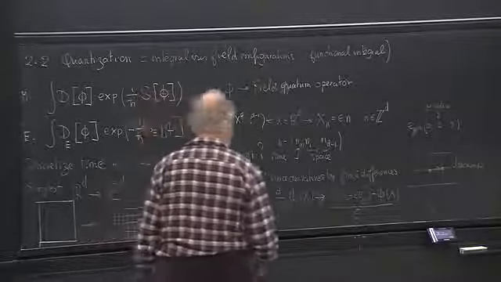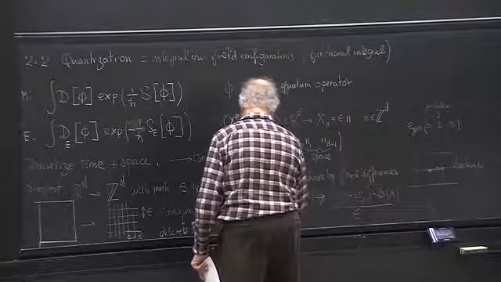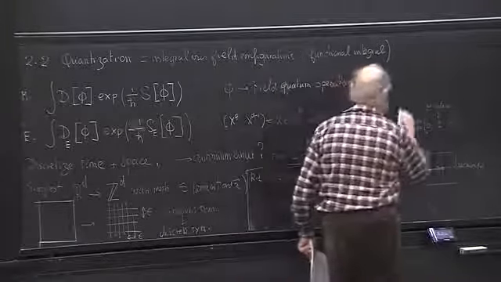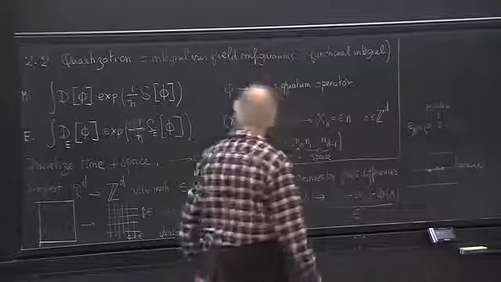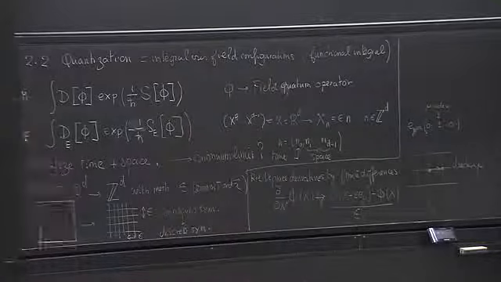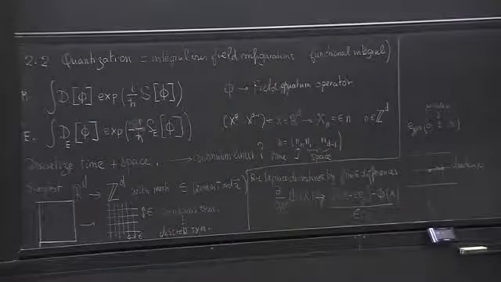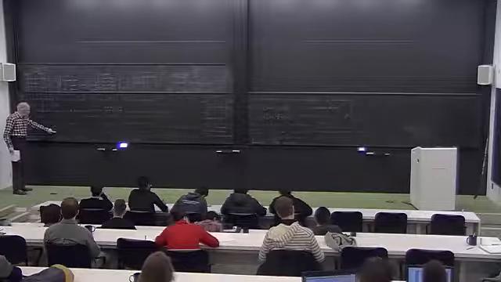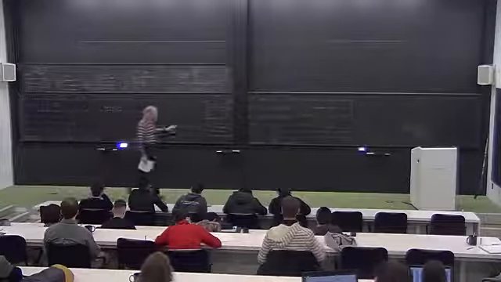So this is the first rule. Rule 1: replace derivatives by finite differences. Okay? Now, rule 2: in the action, we have to replace the integral over space-time by a sum over the points of the lattice.